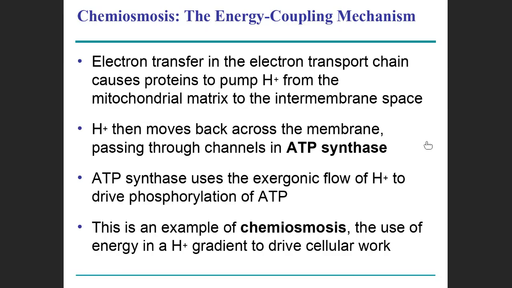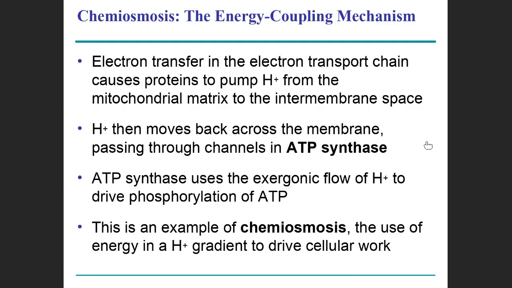As the electrons are passed down the chain from complex to complex, that causes hydrogens to get pumped across the membrane into the intermembrane space where they accumulate in a high concentration. So remember, we said that in order to concentrate a substance against its gradient, you need an input of energy to do that. And for most things, that energy is ATP.